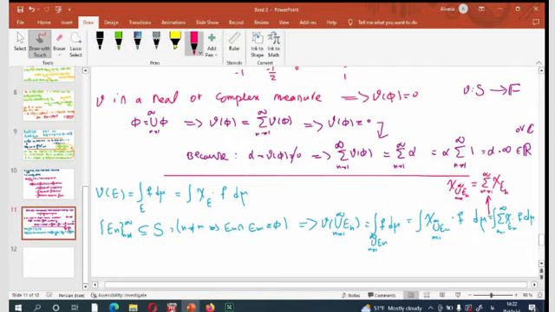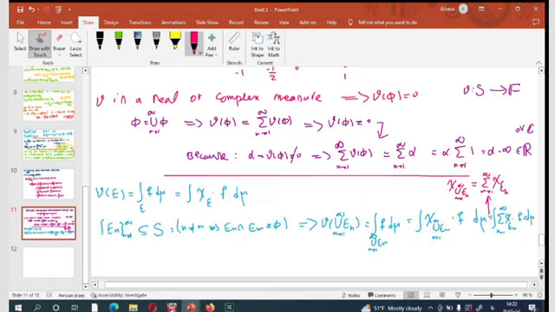By this property also we must use this property. This sequence consists of disjoint elements.